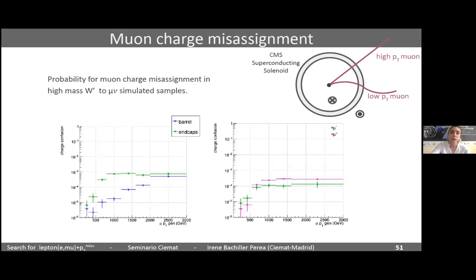So it's thanks to the muon chambers. For lower PT we are using only the tracker, and with only the tracker we have enough definition to see the curvature of a muon. Once it is very straight, we use all the muon detector. It worsens a bit because it's very straight, but we are still very good. So why are we that good? I guess because we have very good muon chambers.